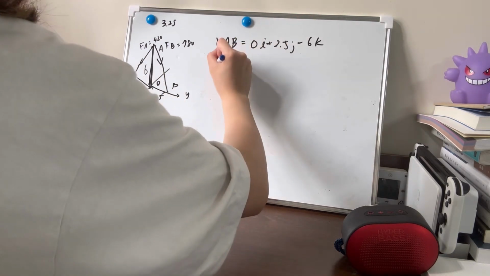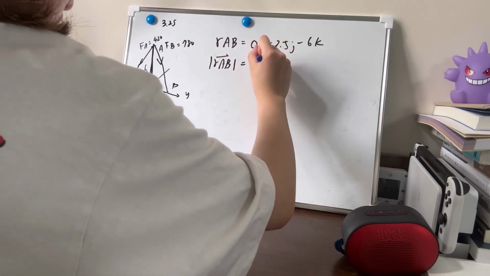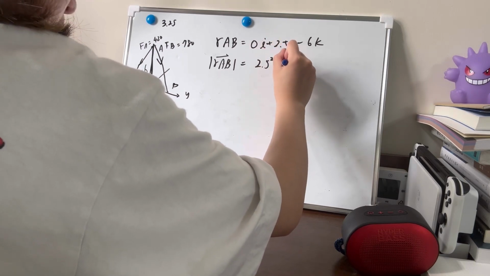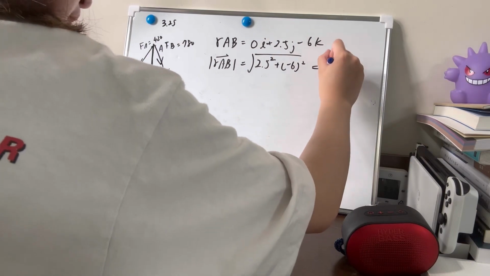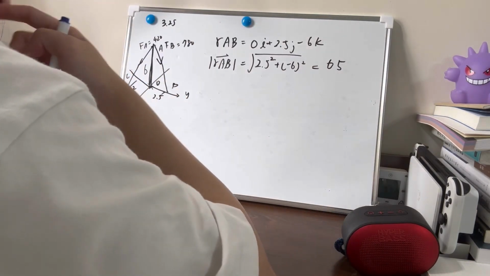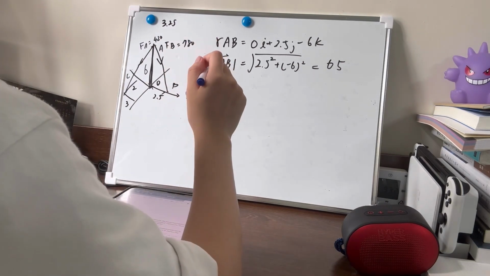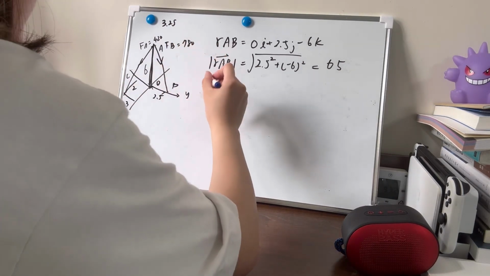And we know the magnitude AB is 25 root 65. And we have to figure out the FB and the result as a Cartesian vector.